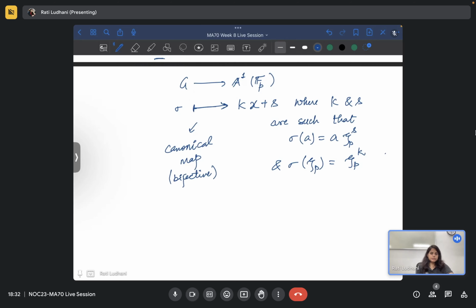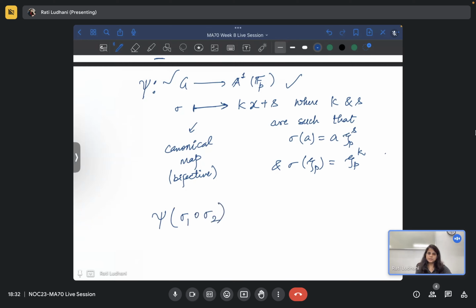So we just need to prove that this is a homomorphism, because this is a group and this is a group. Then we can say that this is a group homomorphism. So let's see if this is a homomorphism. We are talking about a map from here to here. Let's say this is psi. So psi of sigma 1 of sigma 2.